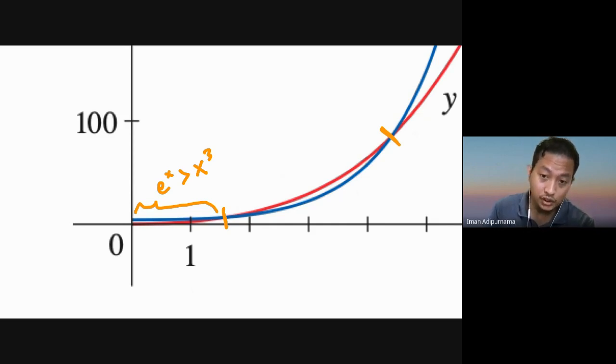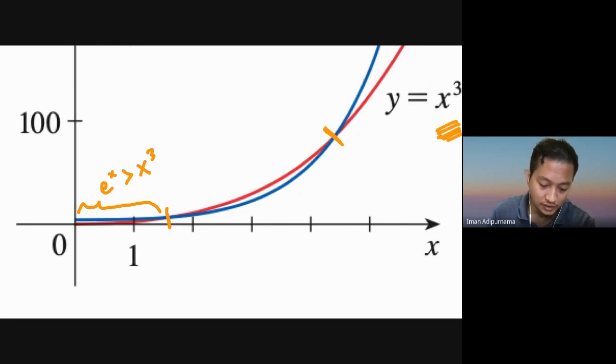It's closer to zero but never reaches zero. When x cubed can be zero, it's going to be here. But from here to here, if you look at the graph, x cubed is higher than e to the x.